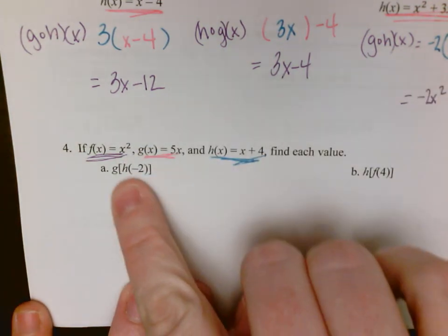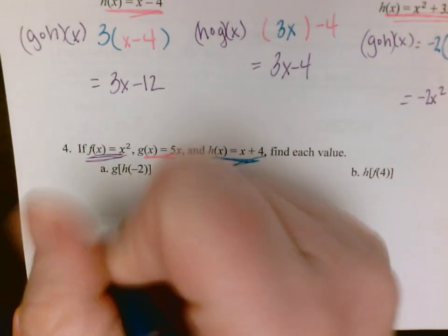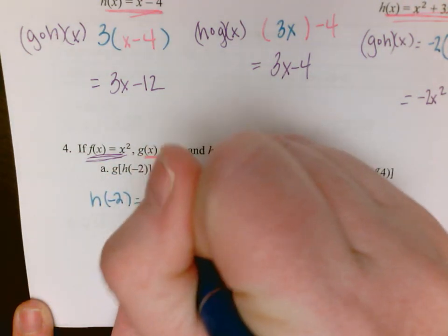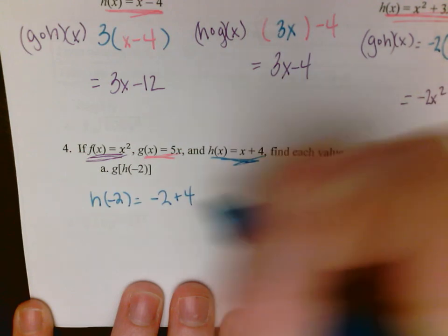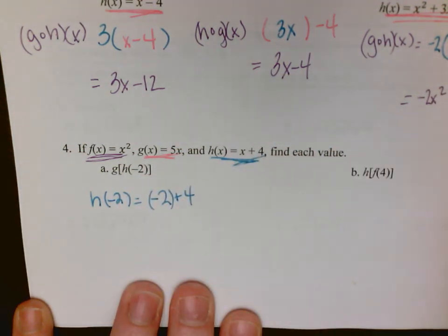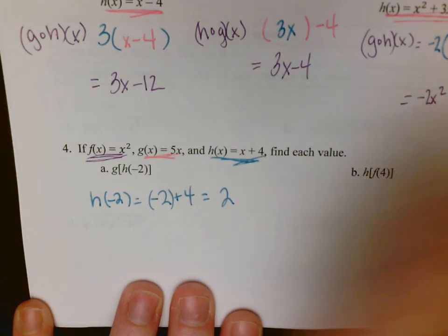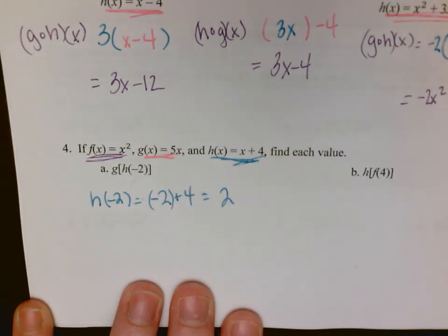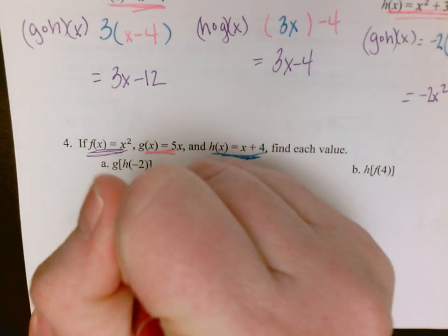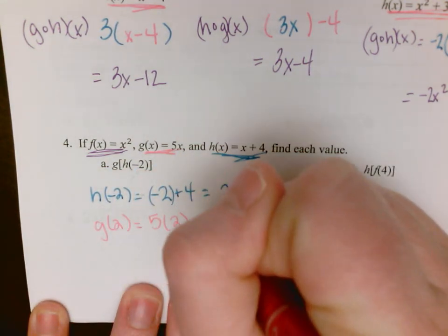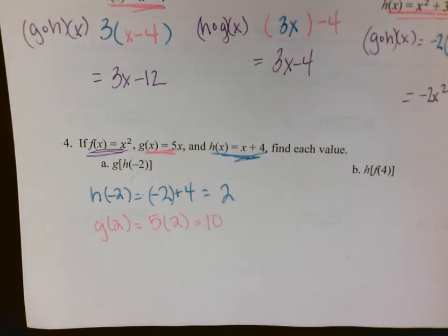So negative 2 is going to go into H. H of negative 2 is going to be negative 2 plus 4, which equals 2. Now this value is going to go into G. So G of 2 equals 5 times 2, which equals 10.